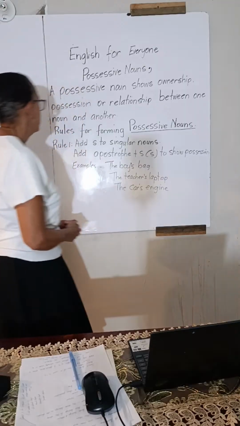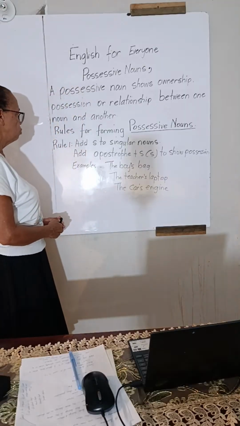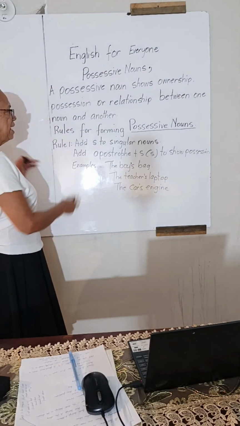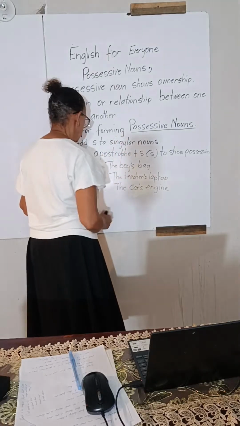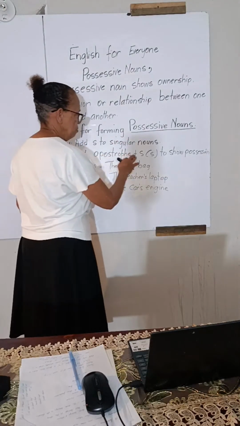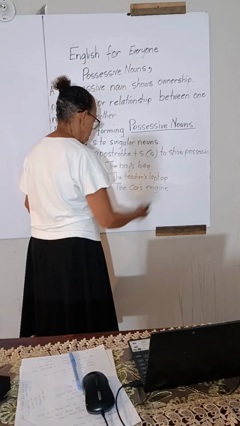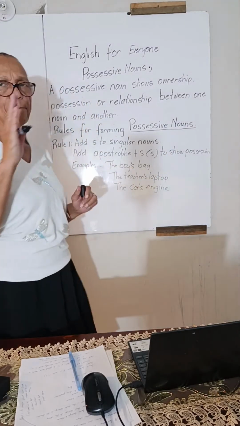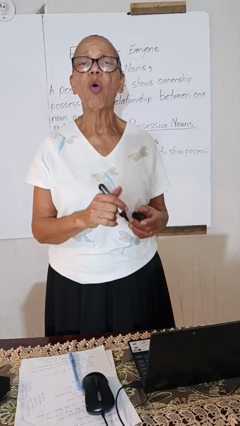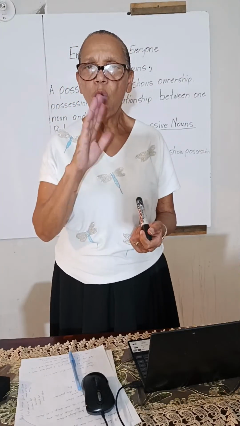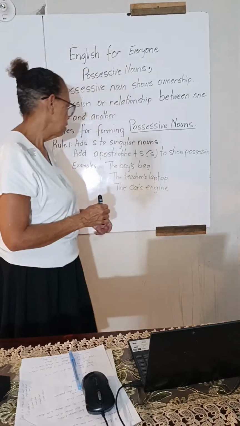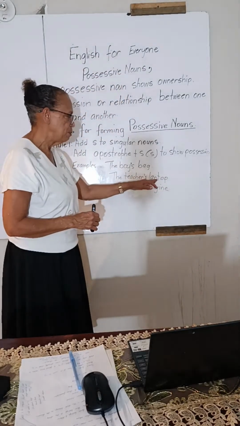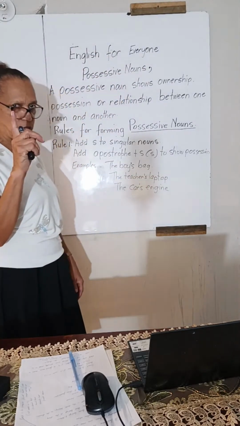Rule for forming possessive nouns. Rule 1, add apostrophe S to singular nouns to show possession. The boy's bag. Whenever I see the boy's bag, I know they're talking about one boy. The teacher's laptop, one teacher.